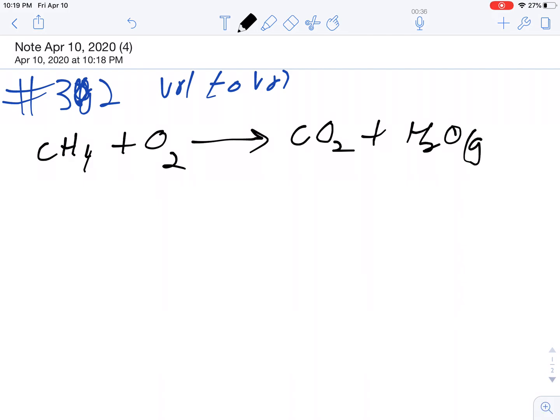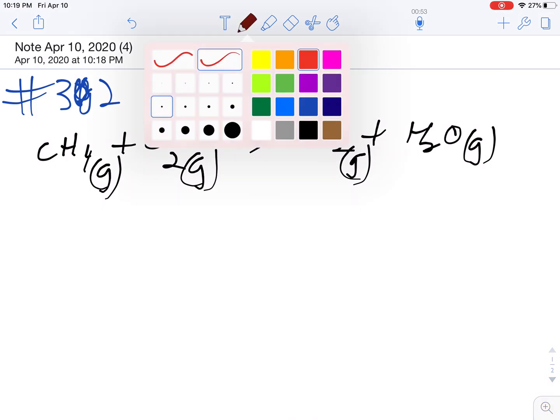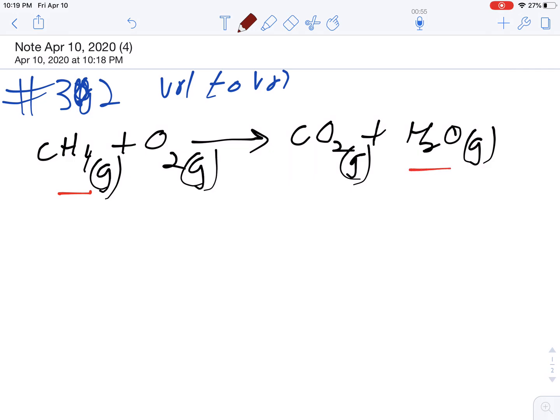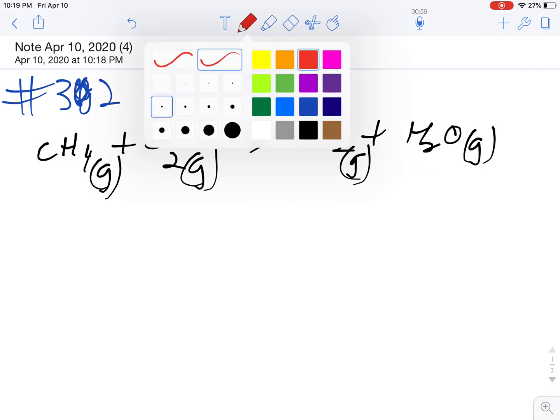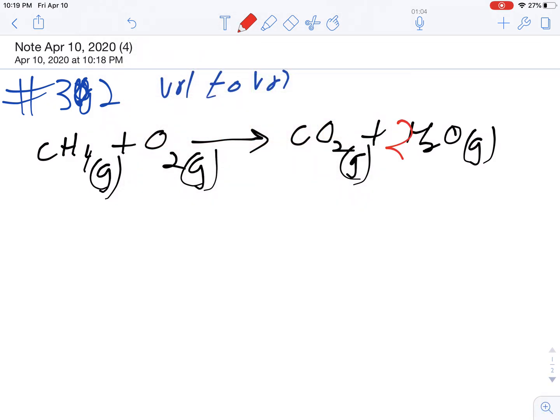Both of these are gases: water gas, carbon dioxide gas, oxygen gas, methane gas. That's why there are the Gs. We have to balance. There's one carbon on the left side, one carbon on the right side. But I've got 4 hydrogens here and only 2 there, so I'm going to have to put a 2 there to balance it out.